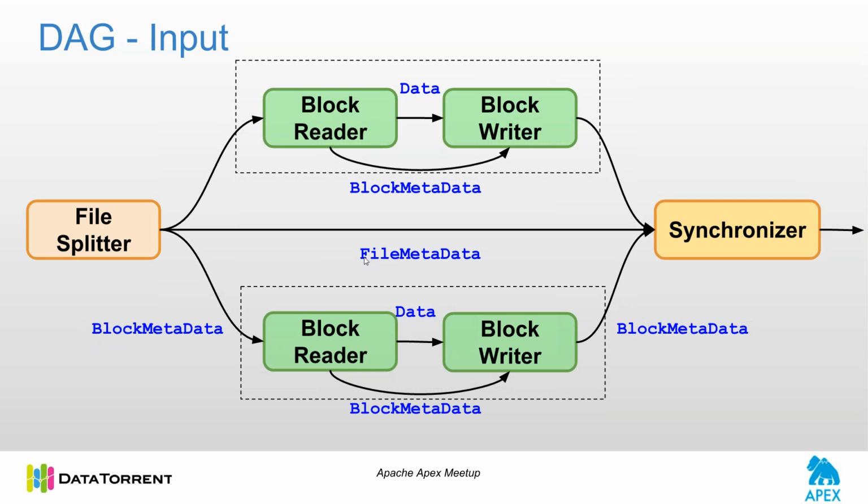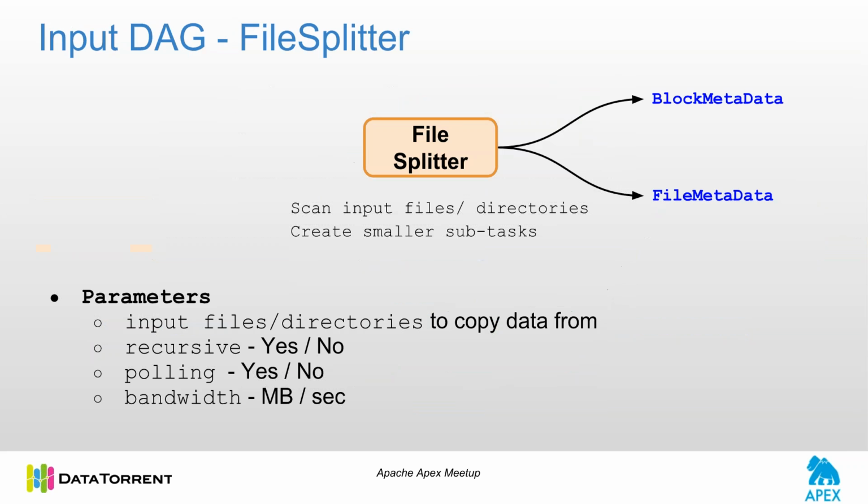This is what the synchronizer needs to make sure the file is completely read. The file metadata contains the information required to make sure this is done. We'll get into that pretty soon. Let me now get into each of the operators that we have discussed and understand their functionality in depth.